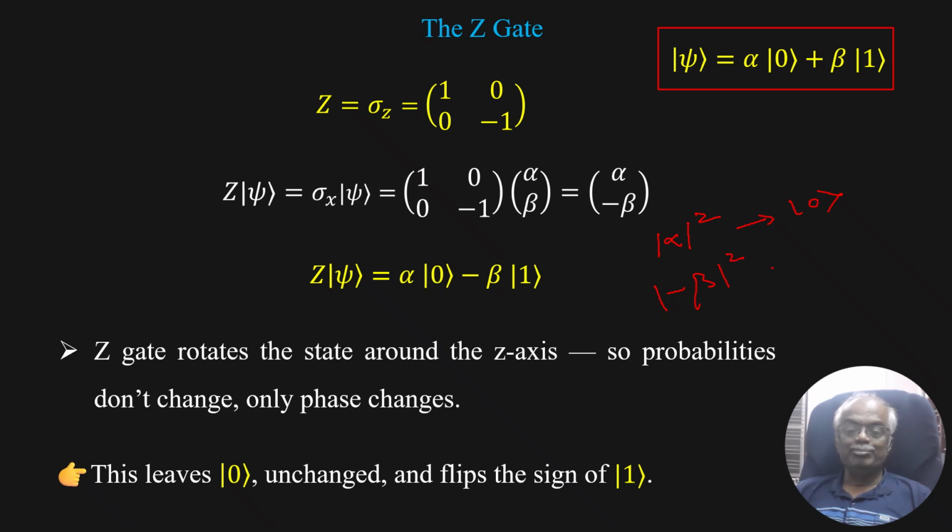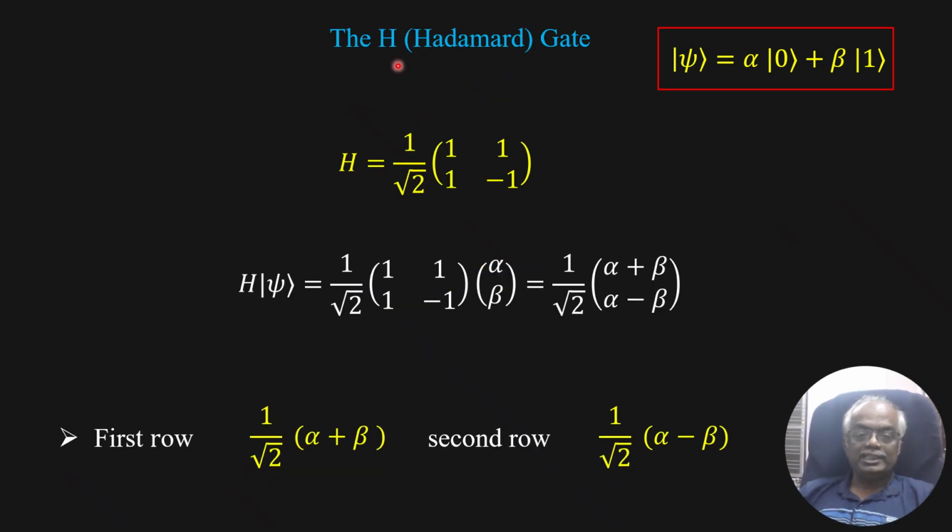So there is no change in the probability for ket 1. The probability does not change, only the phase changes. This negative sign indicates a change in phase. So this leaves ket 0 unchanged and flips the sign of ket 1. That is the importance of this Z gate. We will see why in a future lecture.